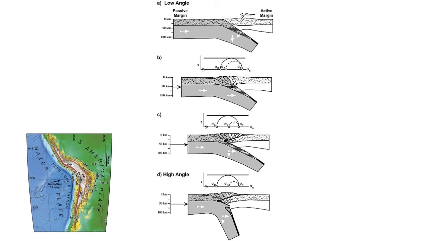For example, when seafloor spreading occurs near the subduction zone, as is the case along the coast of Chile, the subducting lithosphere is young and buoyant, which results in a low angle descent.